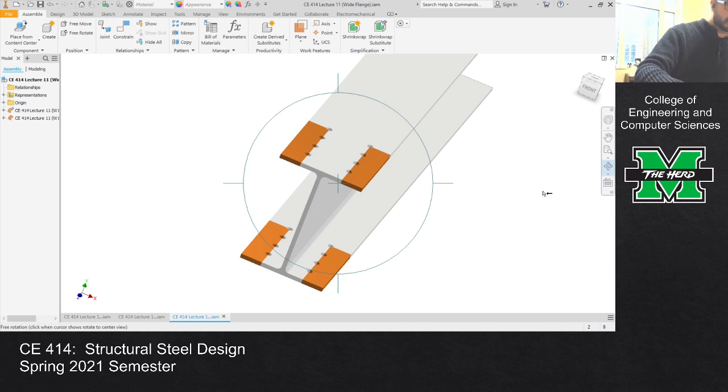Any other quick questions before we call it? Yeah, I got a question. Yes, sir. If one of those blocks fails, does that make the other ones more likely to fail because the load's distributed differently at that point? That's a fair question. You're getting indirectly into an interesting topic in bridge engineering about redundancy: the idea that if a member fails, how does the load shift around the rest of the system?